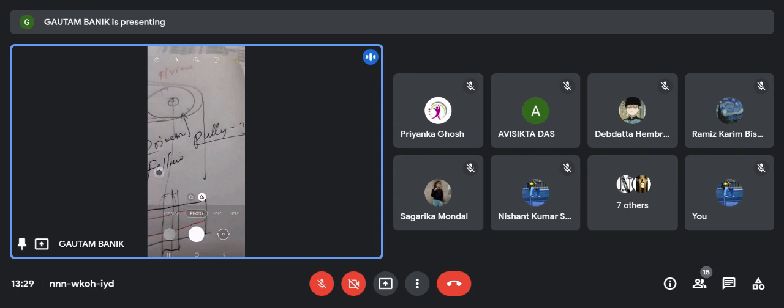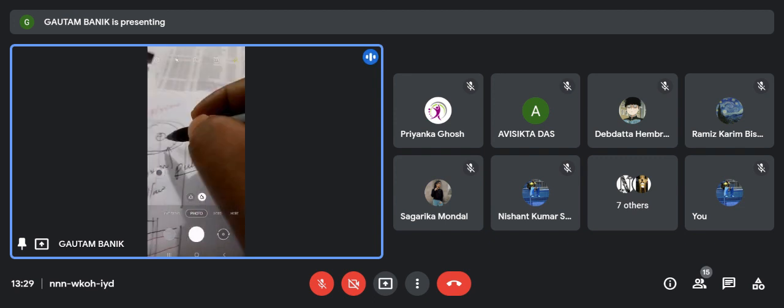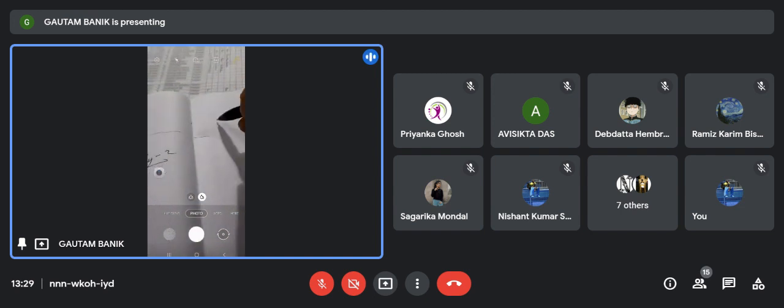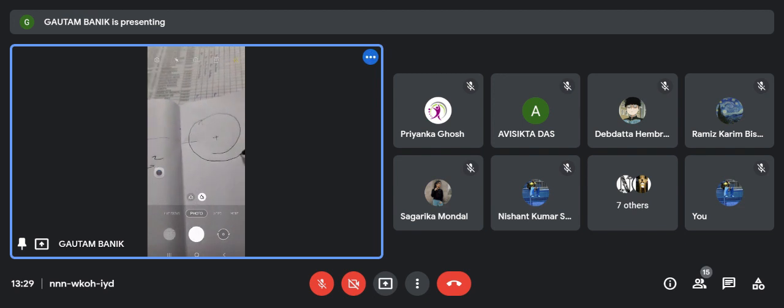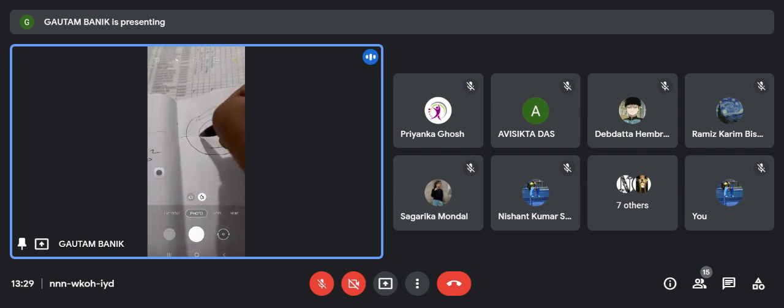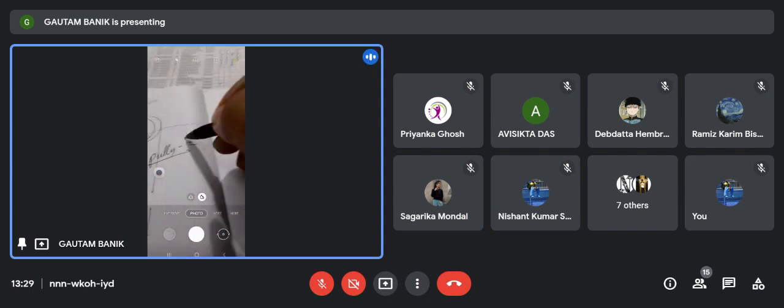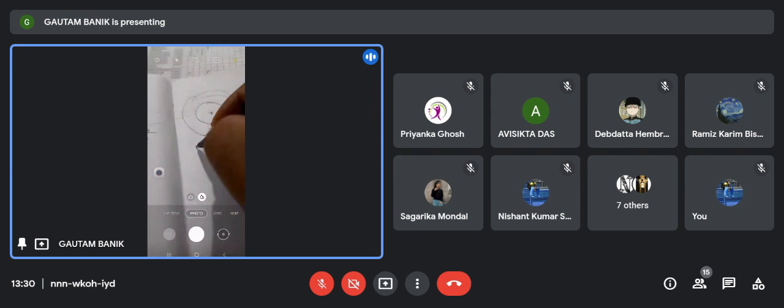The belt is not showing in this part, that is extended, and then the large pulley, and this is a small pulley here, and the belt is not showing in this part. This is actually the left side view.